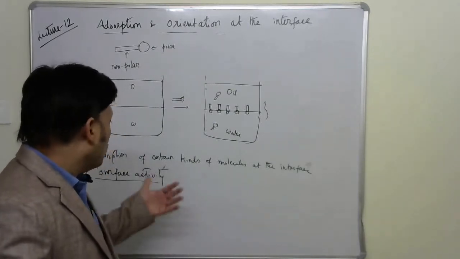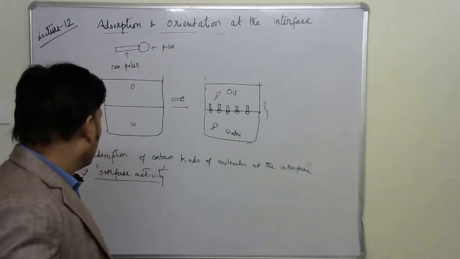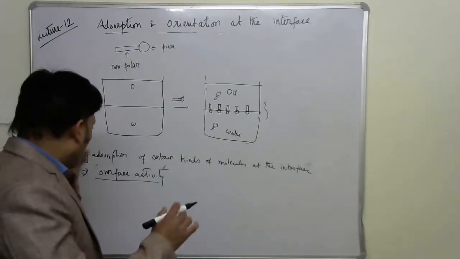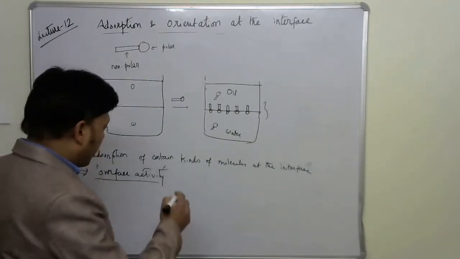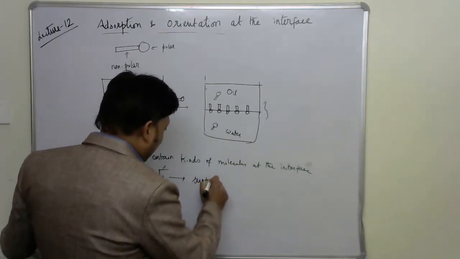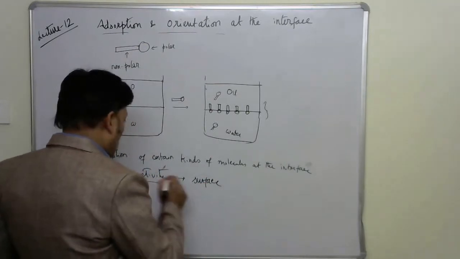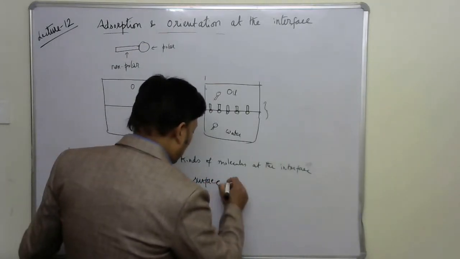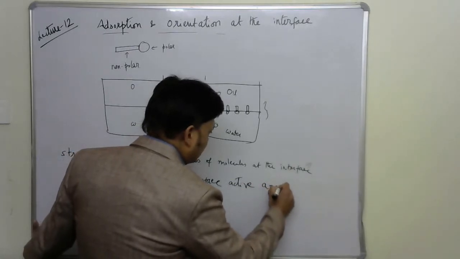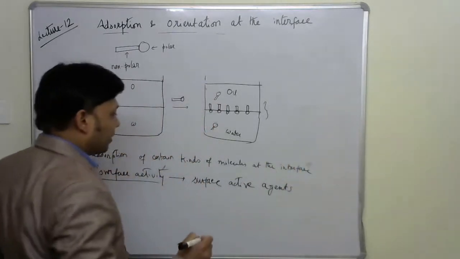So we mostly talk about the surface. So certain molecules show surface activity. We call them surface active agents. So the molecules that show surface activity are also called surface active agents. Okay.